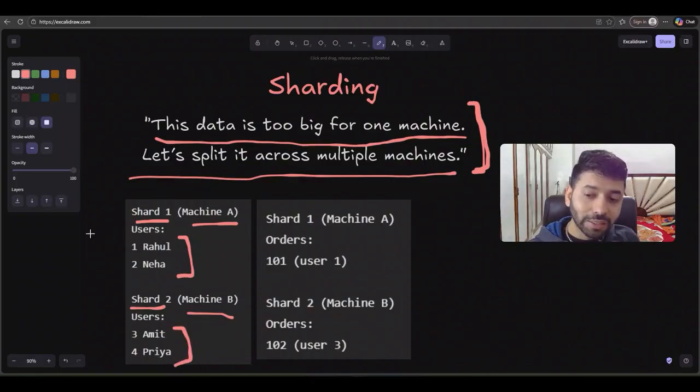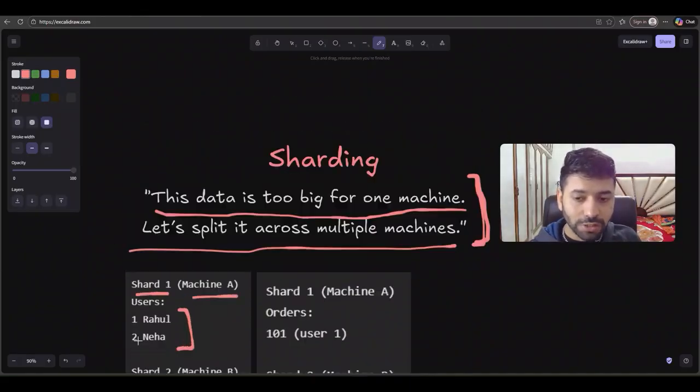So clearly you can see the users table is now split physically across different machines, because the data might be too big for one machine to handle, correct? For example's sake we took 2 entries here, but you can imagine there can be a lot of entries. That's why we did the sharding. We need multiple machines to handle that kind of data, correct?